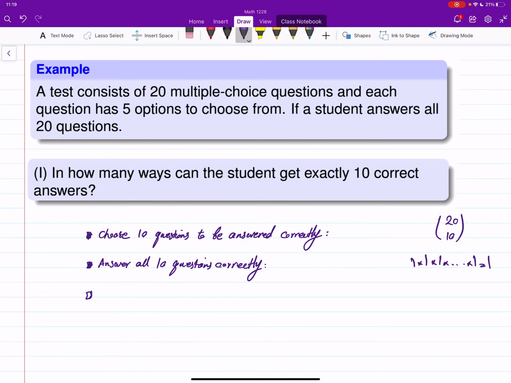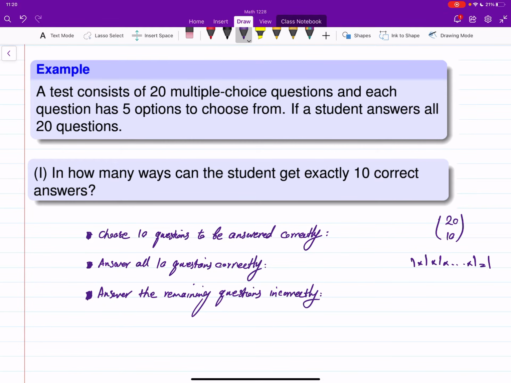But what about the rest? Answer the remaining questions incorrectly. Well, each question has 5 options to choose from. Only one of them is the correct one.